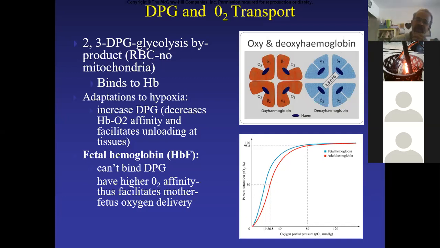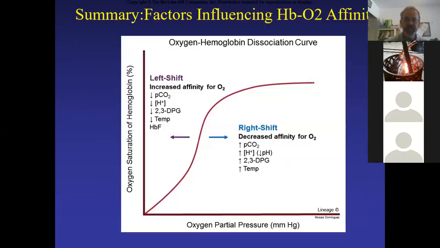This is beneficial because the fetus, you don't want anything competing that's going to prevent the hemoglobin from binding to oxygen. All right, so this is an overall summary of what we just said. So all these are the factors that increase affinity. These are the factors that decrease it.